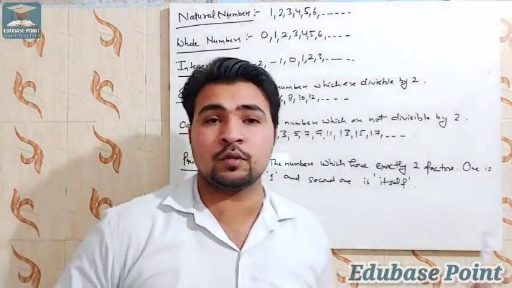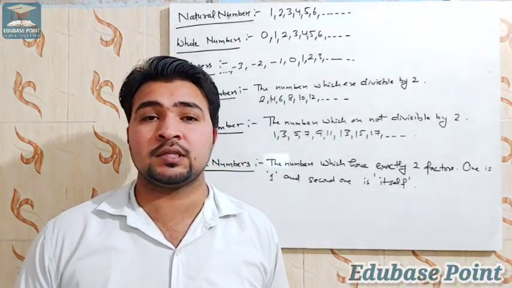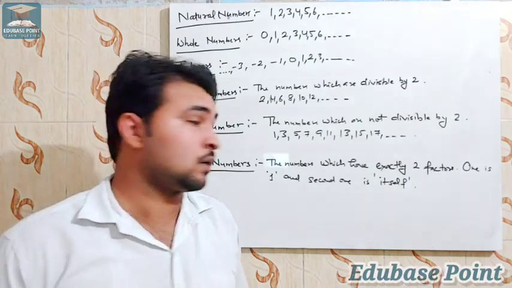These are the two factors for prime numbers; all other numbers are composite numbers.